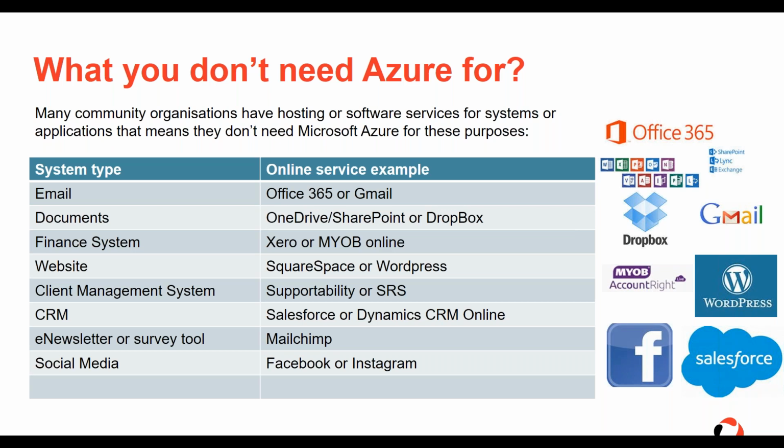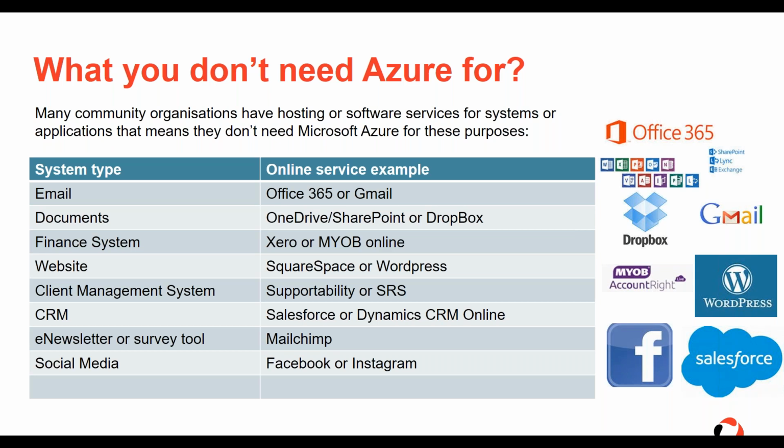I've put some non-Microsoft options there, like Gmail. And the same with documents. So if all you're wanting to do is store a few documents, you can use OneDrive. And likewise, many of our clients actually replace their file servers with SharePoint. So some of our organizations that we work with, they used to have a file server.